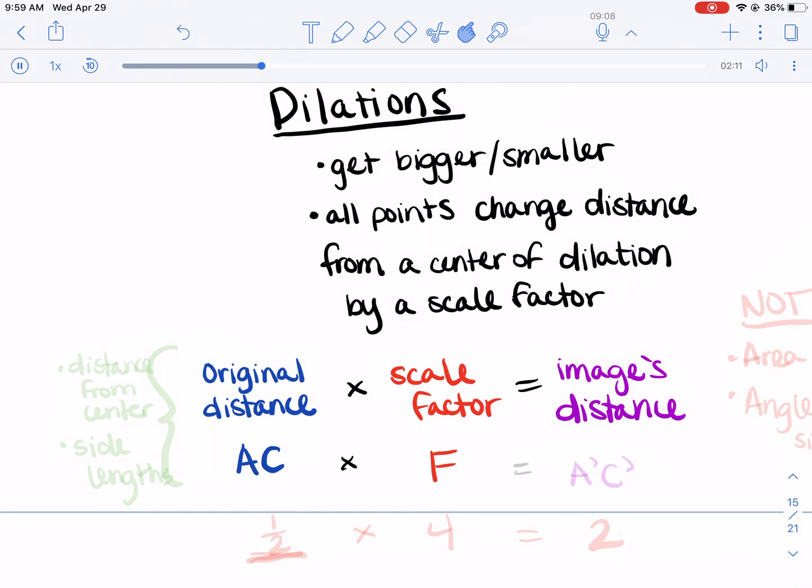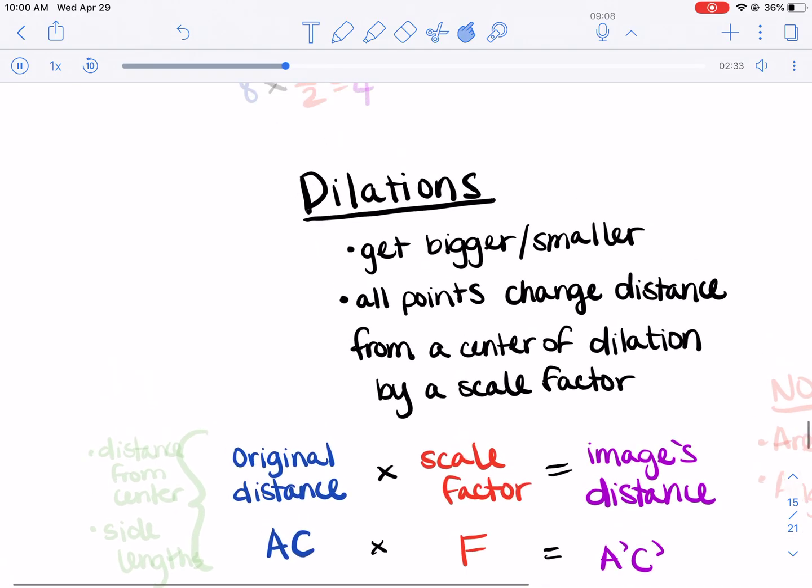So AC times F equals the primes. So our not primes times our scale factor equals our primes distance from the center of dilation. Let's go ahead and apply this in some examples where we do dilations.